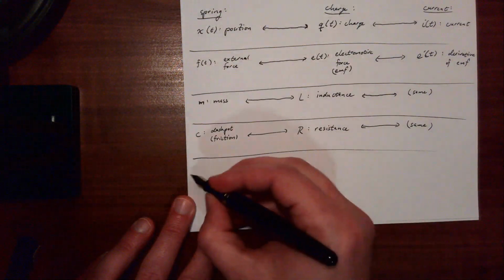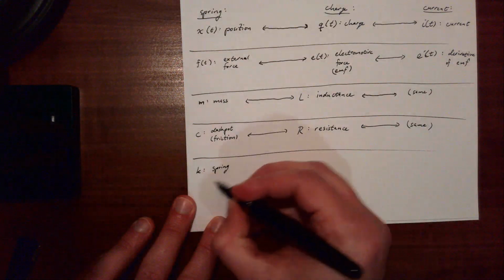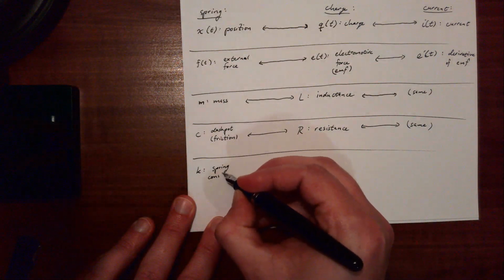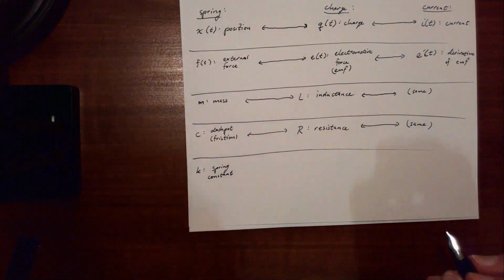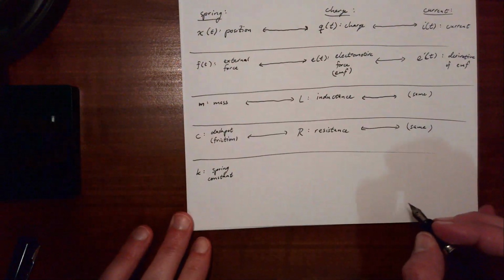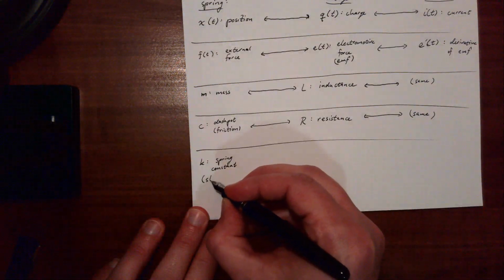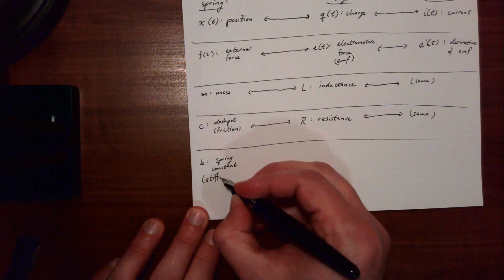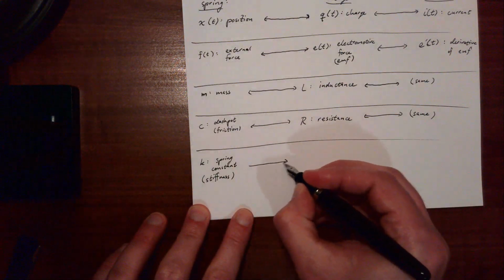And then K, the spring constant. So the spring constant basically tells you how springy the spring is. A higher spring constant means a spring that's stiffer, and a lower spring constant means a spring that is less stiff. So we can even call this the stiffness, just to help us understand the role it plays.